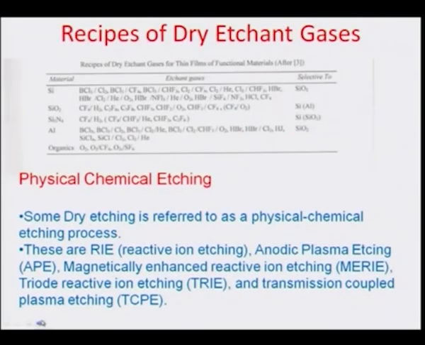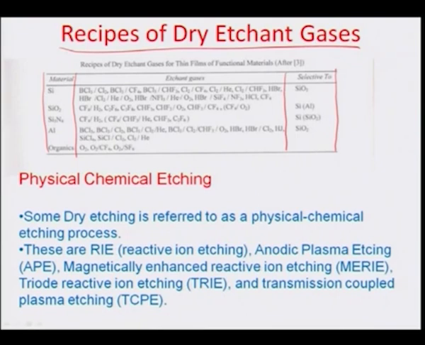Then there are other techniques, and before going ahead I would like to illustrate some of the recipes of the dry etchant gases, as you can see here. This is as far as the chemical dry etching process goes. The materials are indicated in the left column, and then there are these etchant gas recipes, for example, boron tetrachloride and chlorine, or boron tetrachloride and carbon tetrafluoride, or BCl3 and CHF3.